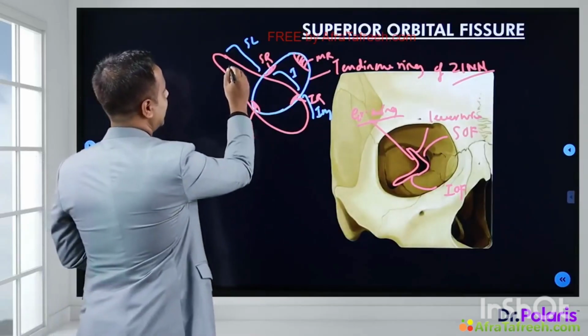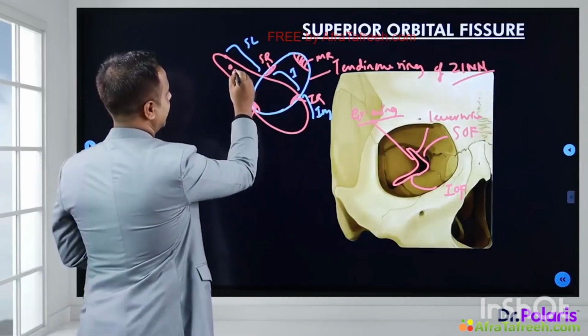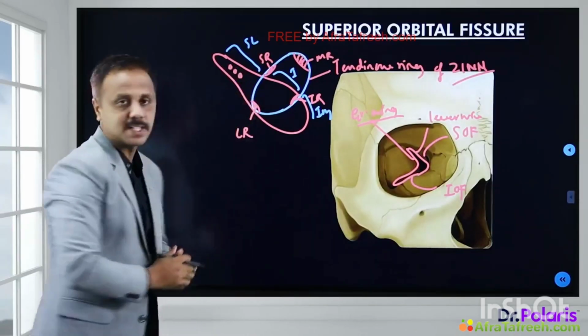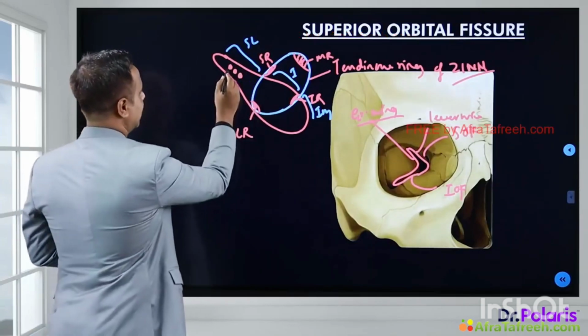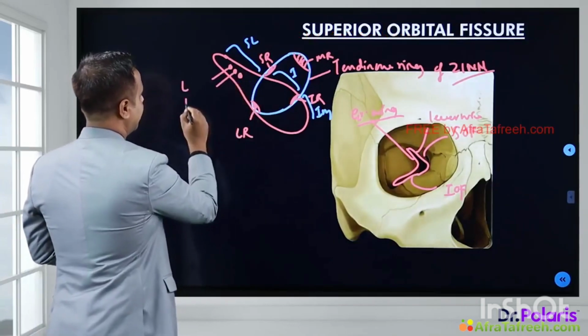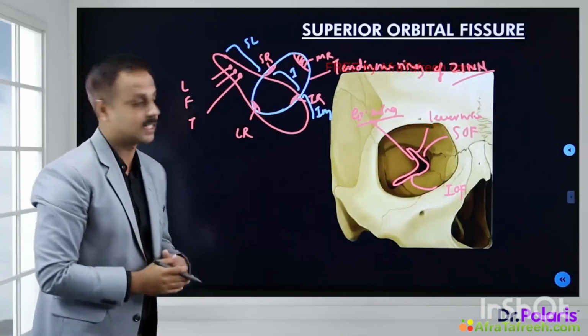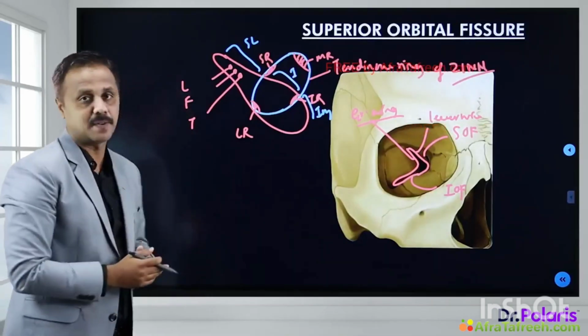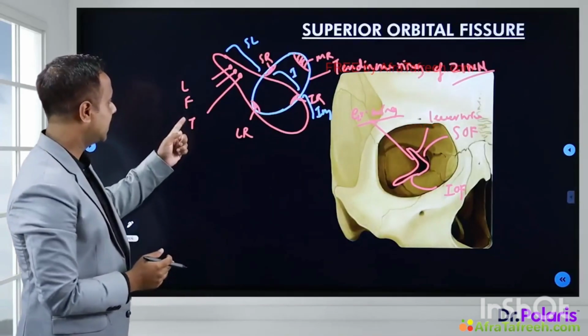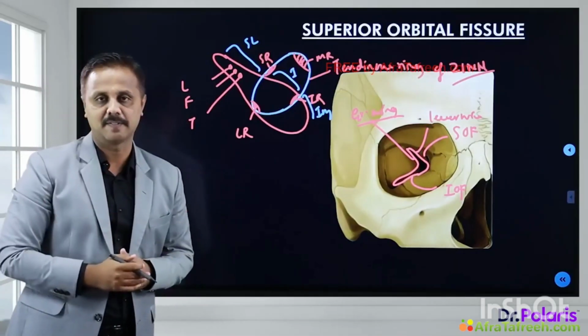First, there are 3 important nerves. These can be remembered by the mnemonic L, F, T. LFT stands for liver function test, but here LFT stands for lacrimal nerve, frontal nerve and trochlear nerve.